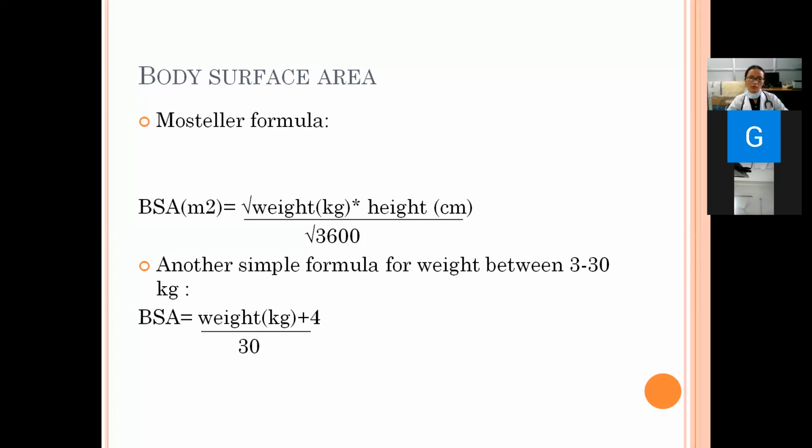There are various other formulas, but I think this formula is adequate for undergrads, easy to remember. Another simple formula, for children between 3 to 30 kilograms of expected weight, is weight in kg plus 4, divided by 30. This will give you the body surface area. So these two formulas for calculation of body surface area can be remembered.